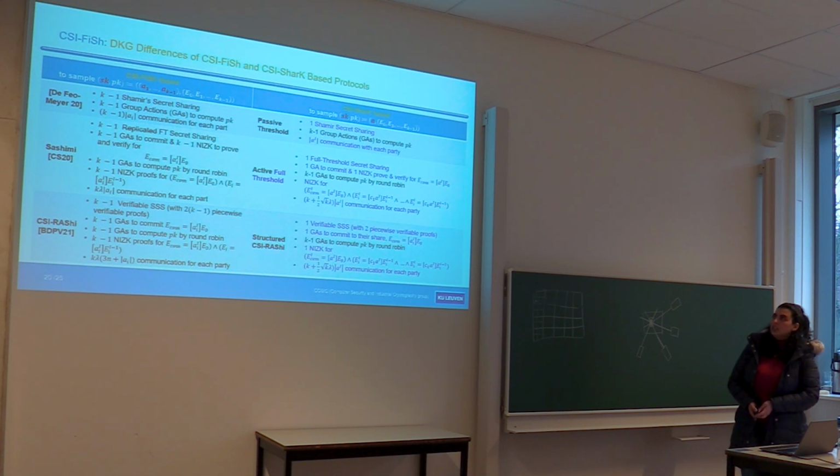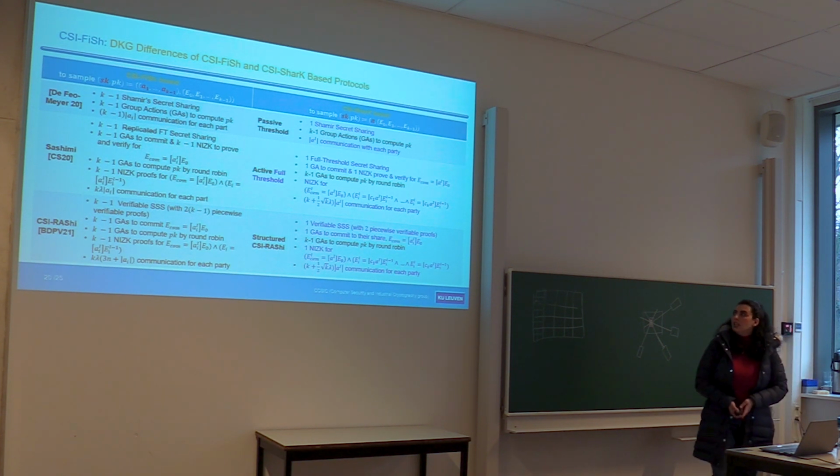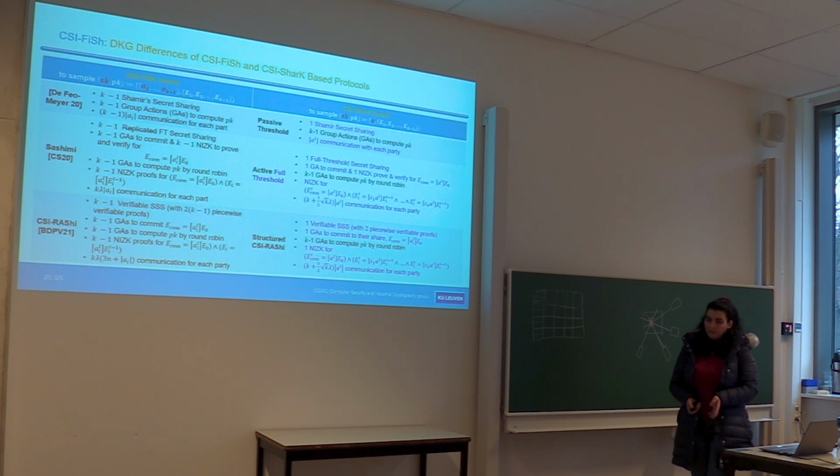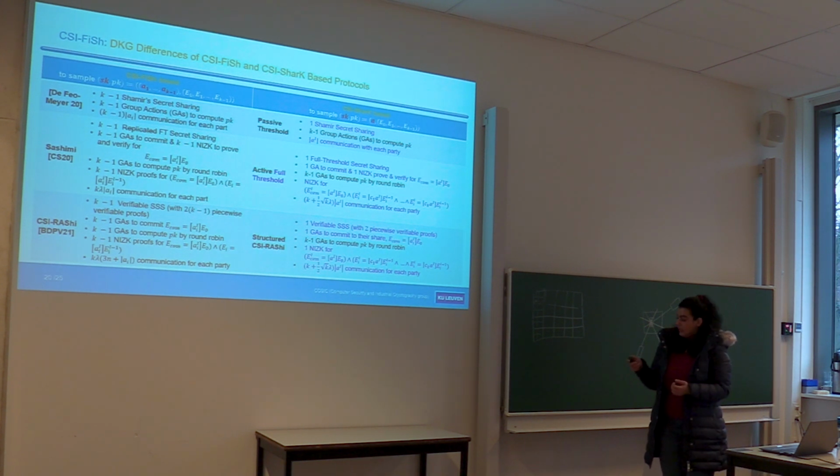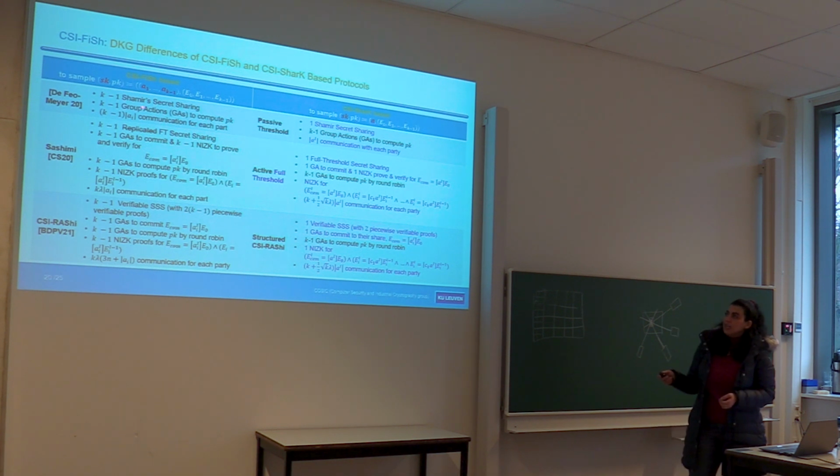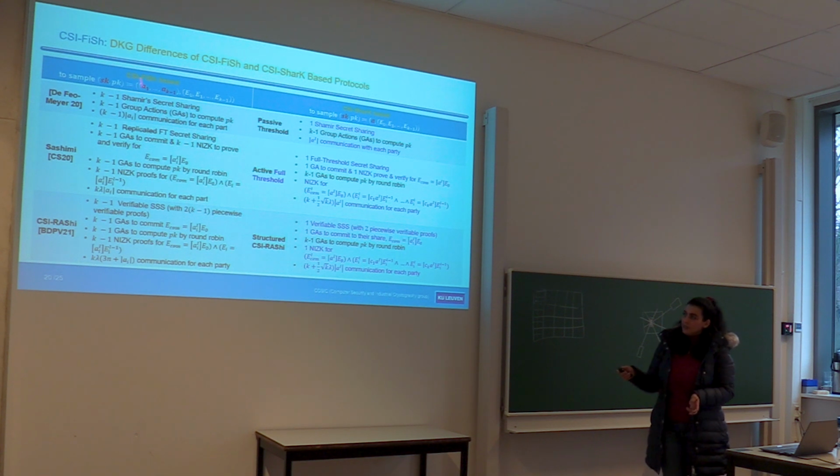Here are the protocols that we talked about, which were based on C-FiSh, and you can see the differences between them and the performance of the C-SharK-based versions. For example, we had k-1 Shamir secret sharings.